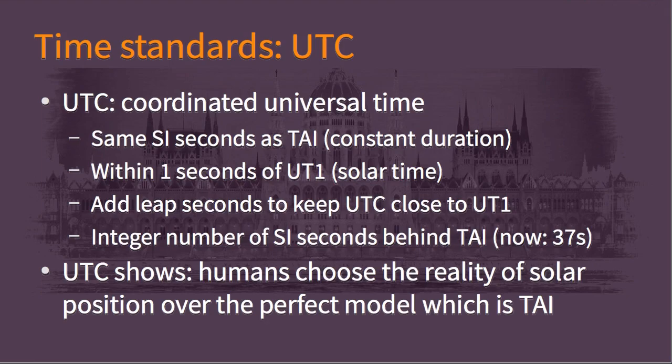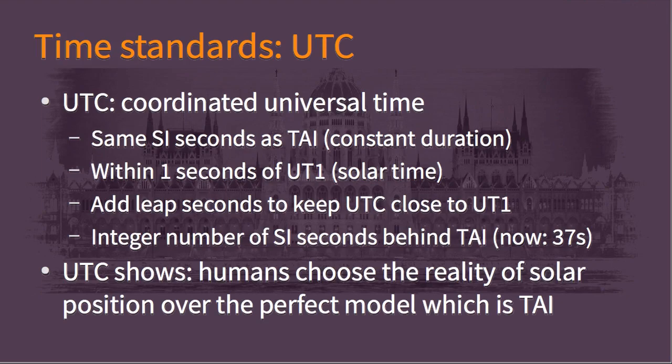So we have UT1, which is based on the sun and solar observations, and we have TAI, which is based on international system seconds of constant duration without regard to the sun. How do you reconcile this? Well, that's where the time standard UTC comes in, Coordinated Universal Time.